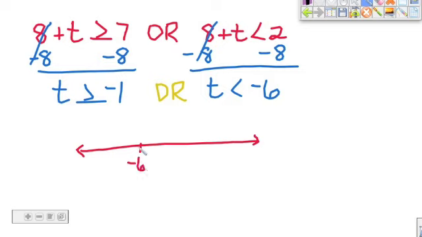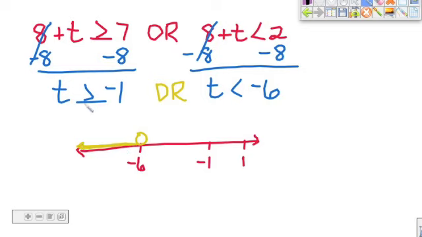All right, and then on this side, I'm going to go ahead and put -1 up here, and maybe, I don't know, maybe +1, just so it's there. So we have that it's going to be less than -6. It's open circle because it's not an equal to. Less, meaning it's getting smaller. Away from 0 is less.